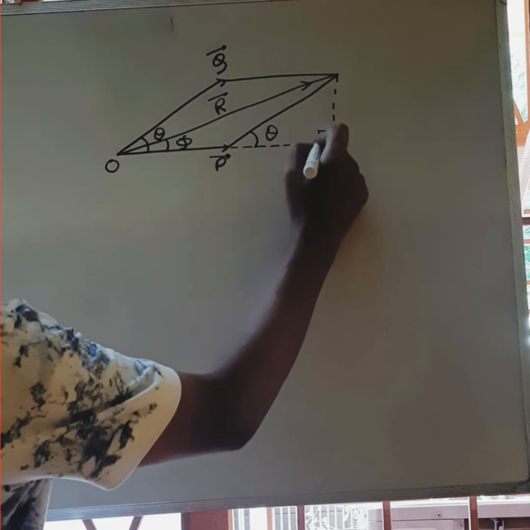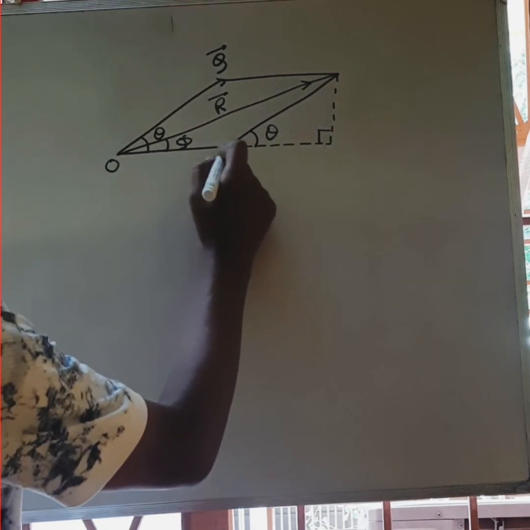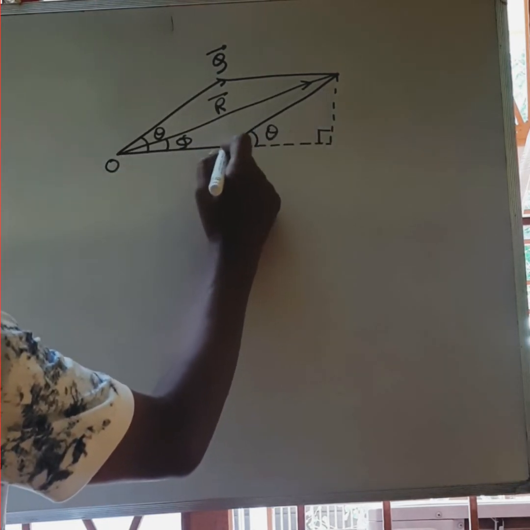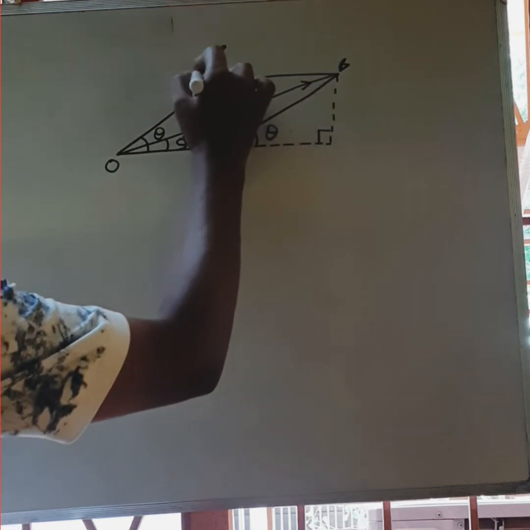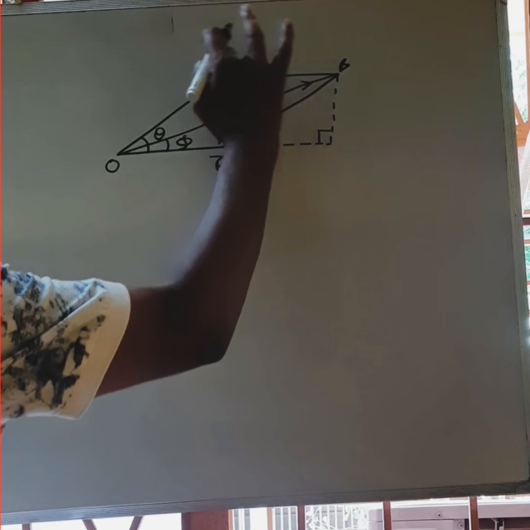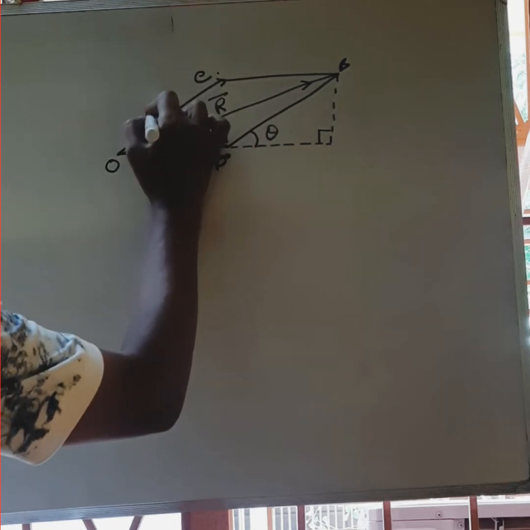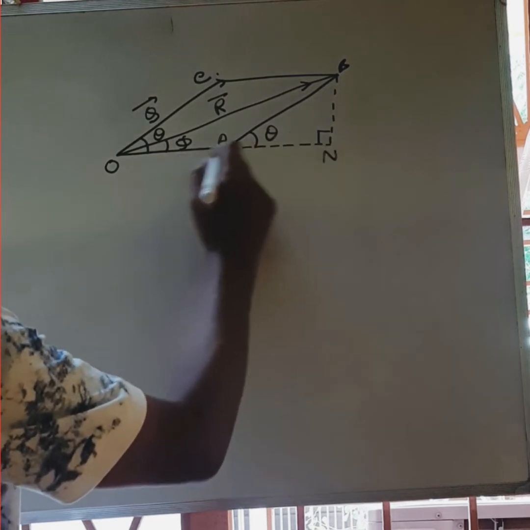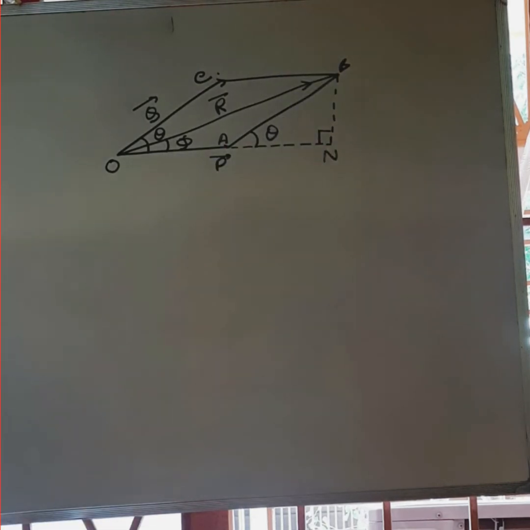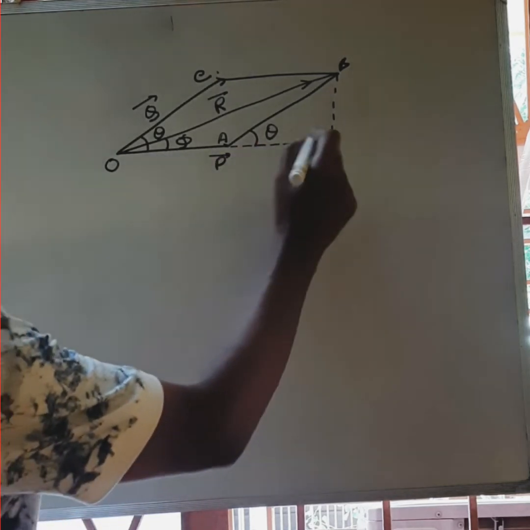This is perpendicular. This point is called O, this is A, this is B, this is C, this is Q vector, this is N, the normal drawn from the point B on the extended side OA.